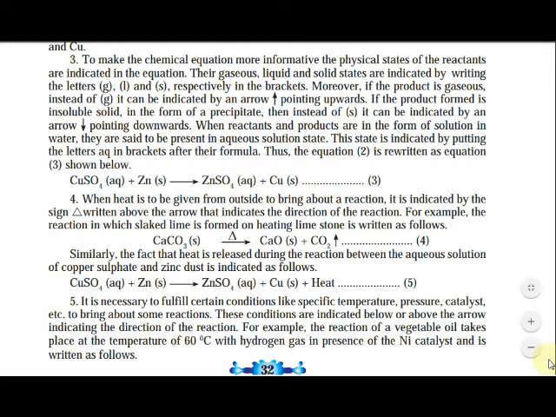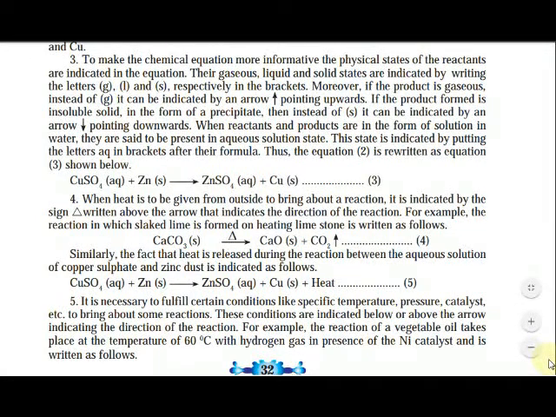So, to make the chemical equation more informative, what should we add there? We should add the physical states of the reactants as well as the products. Yes or no? If a product is formed as an insoluble solid in the form of precipitate, then instead of solid, it can be indicated by an arrow pointing downward.